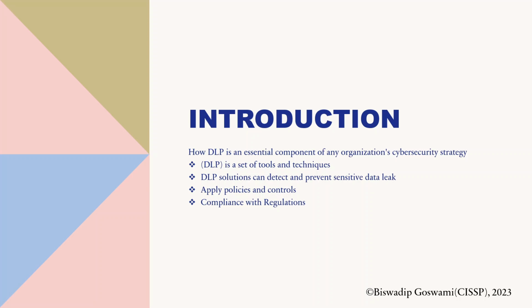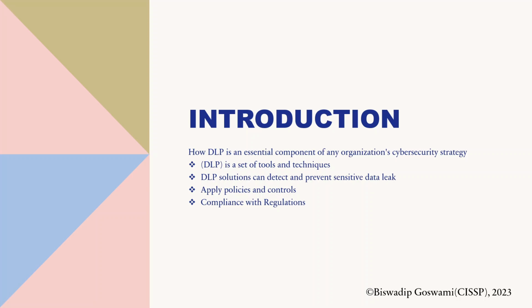These solutions use a combination of technologies, including content inspection, contextual analysis, and user behavior analytics to identify and classify sensitive data. Once sensitive data is identified, DLP solutions can apply various policies and controls to prevent unauthorized access, sharing, or modification.